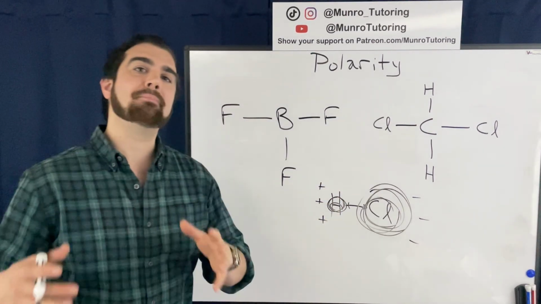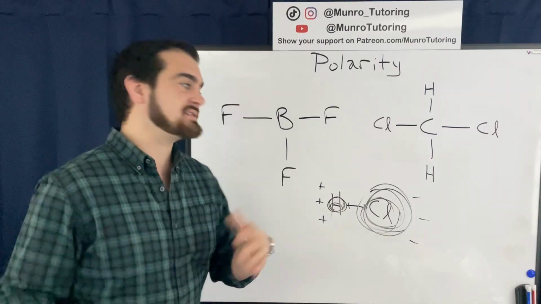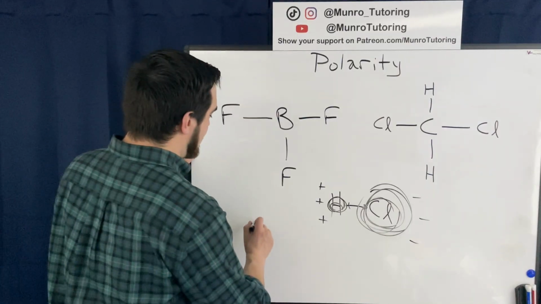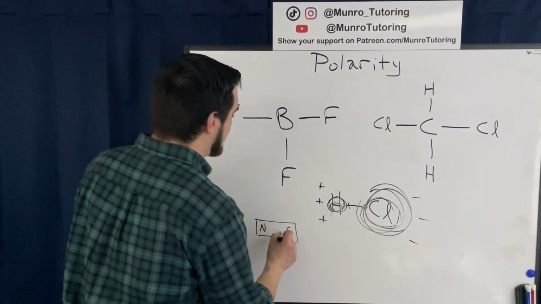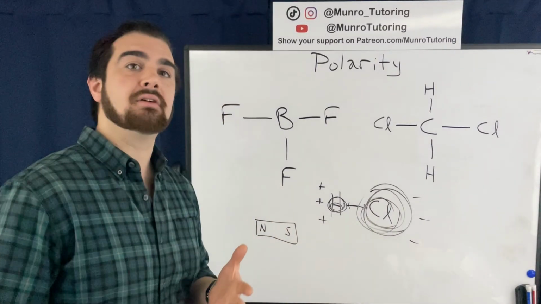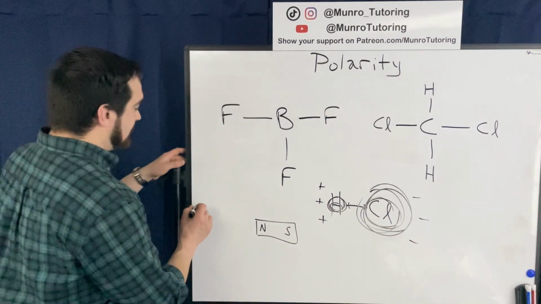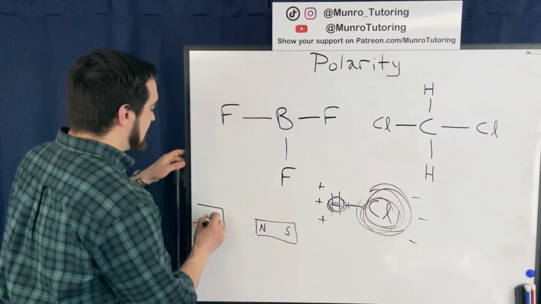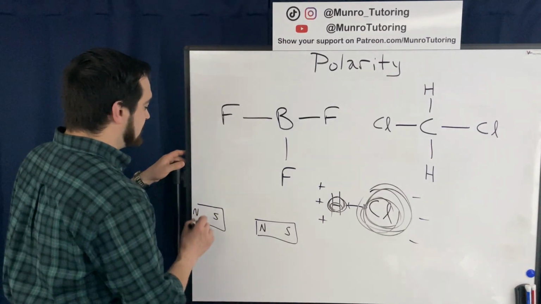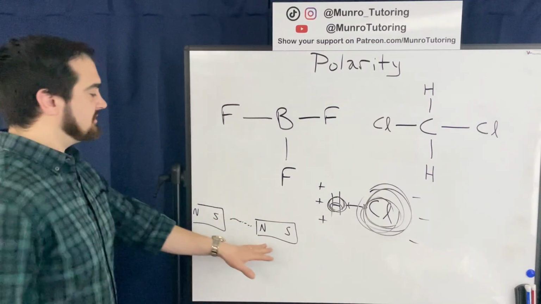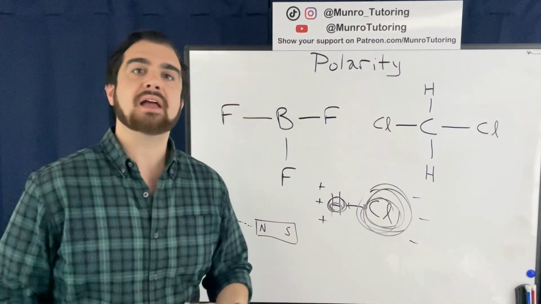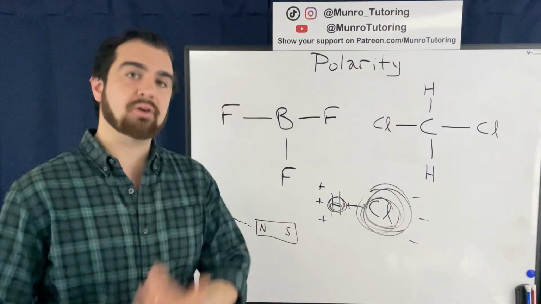And then just like a magnet has a north pole and a south pole, right? If we have a magnet with the north pole and the south pole, and we had another magnet with the orientation like this, where the south is over here and the north is over this way, there's going to be an attraction from the north side of one to the south side of the other. This magnet has two poles.